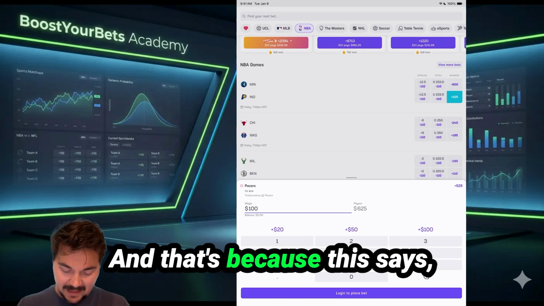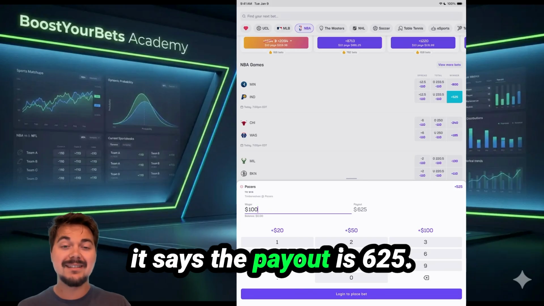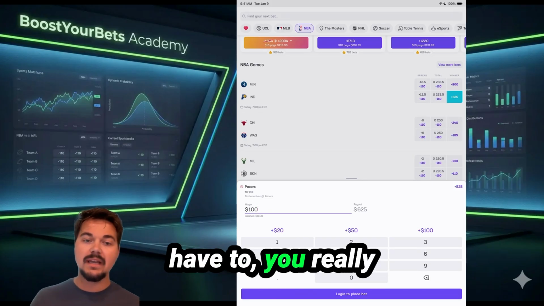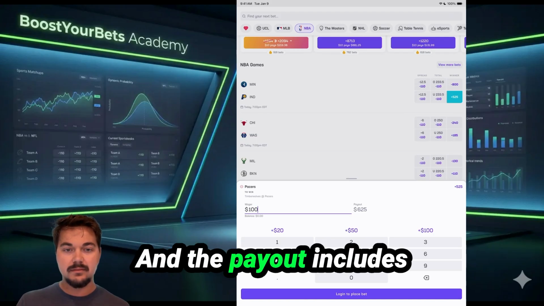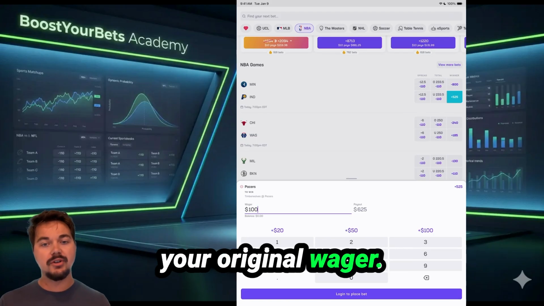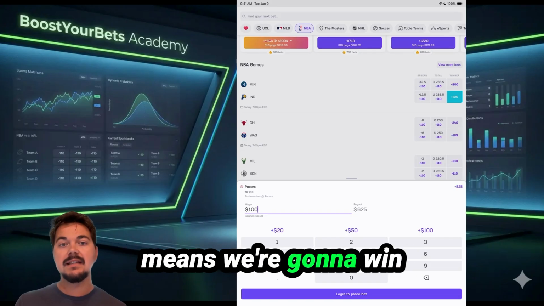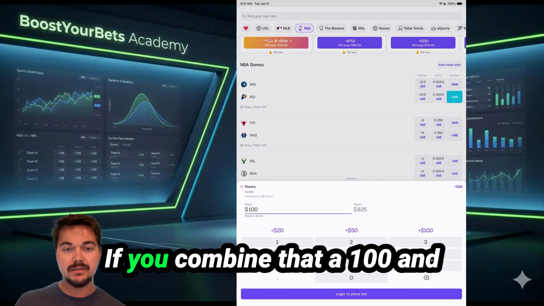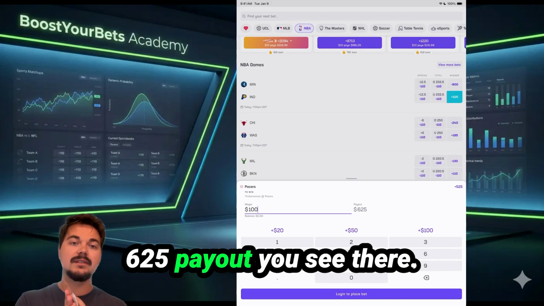And that's because you can see that it says there the payout is 625. So that's where you really need to pay attention on these sportsbooks. The payout includes your original wager. So we know with the plus 525, we just learned, hey, that means we're going to win $525 if we bet 100. If you combine that 100 and that 525, that gives you the 625 payout you see there.